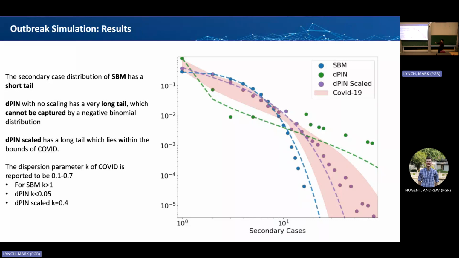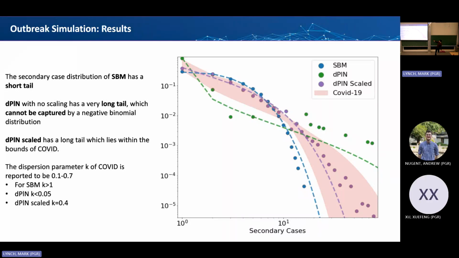So for the stochastic block model, where we don't have people that have a really high degree, we just capture the average mixing. This K is above 1, so a respiratory type disease like COVID wouldn't have something above 1. It wouldn't be so high. But if we look at without our scaling, it's below 0.5, and that's the green line here. And we can see it can't really be captured by it. This line isn't even fit very well because the negative binomial can't fit to this heterogeneous data set.